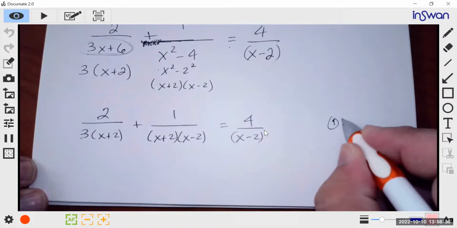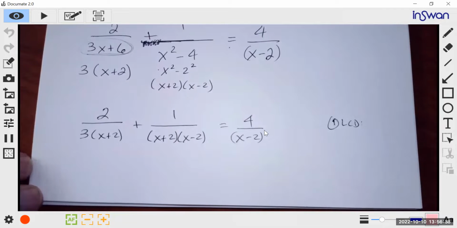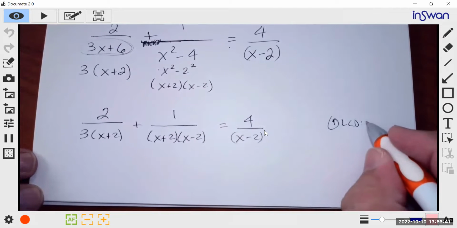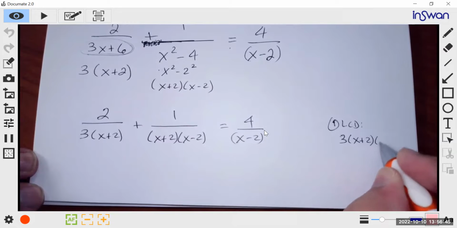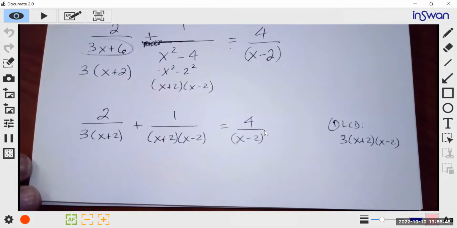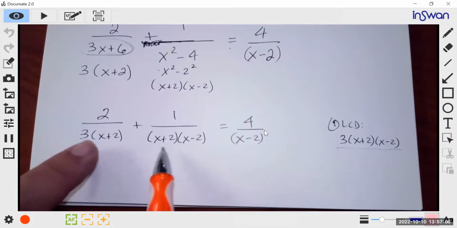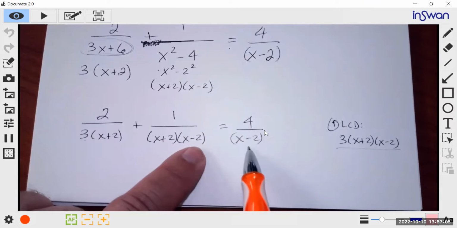So what's my LCD? It's 3, x plus 2, and x minus 2. That's all we have on the bottom. So that's my LCD. Because these two have an x plus 2, these two have an x minus 2.